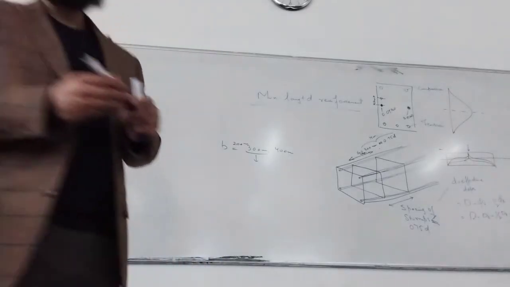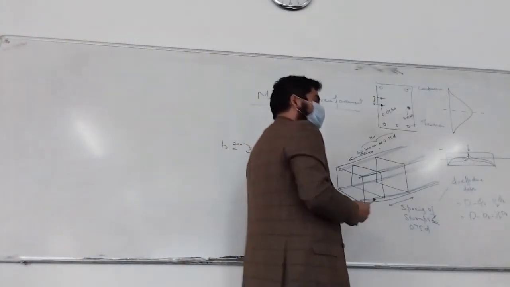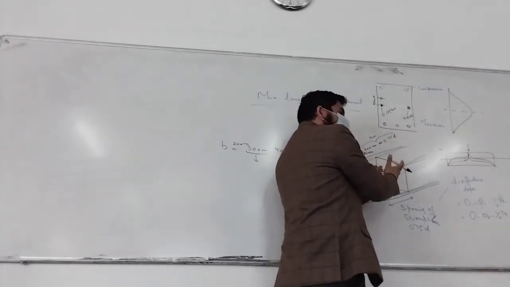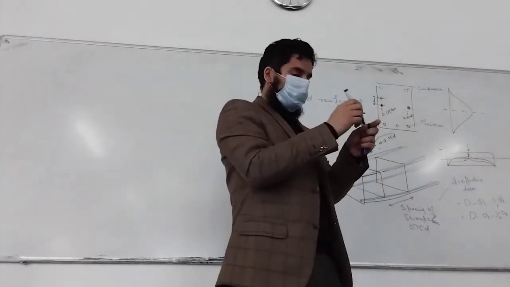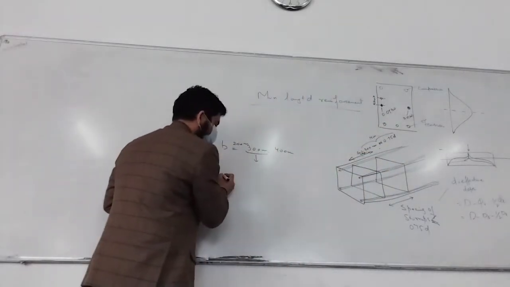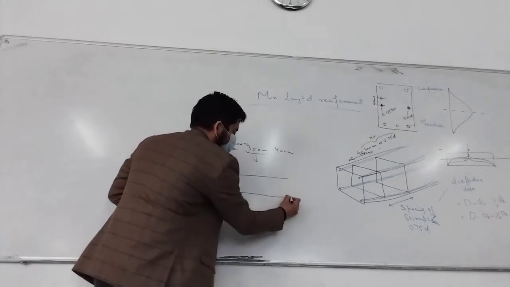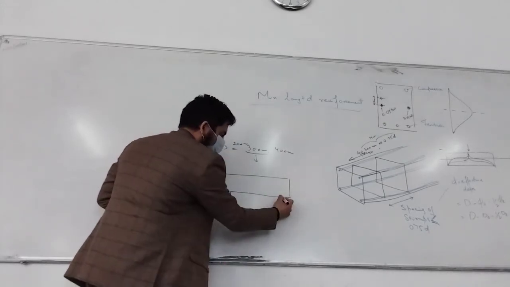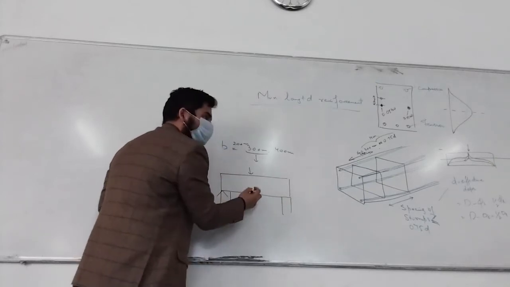Why so? Because of how the forces are transmitted. When there are two stirrups, how are the shear forces transmitted? I was just explaining to you. It goes to the two supports, where there is a load somewhere.